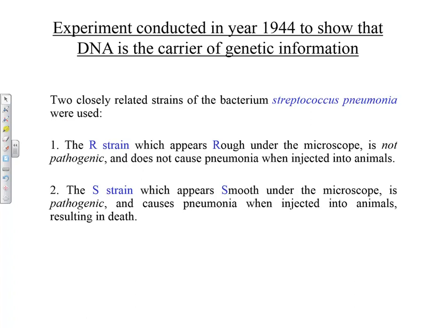Let's analyze all the molecules, like lipids, carbohydrates, proteins, DNA, everything. All the other molecules were found to have stayed the same. They were still of the R strain type. Only the DNA had been changed from the R strain to the S strain when these guys were made to feed on the heat-killed S strain. So the conclusion is that the carrier of genetic information is the DNA, right?